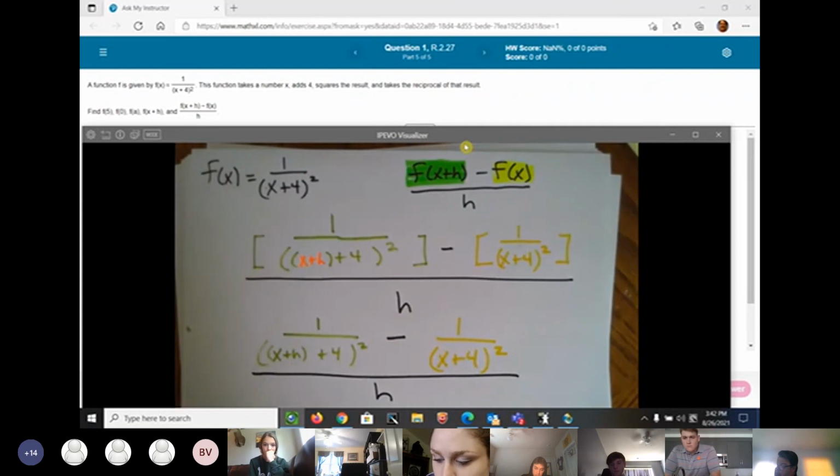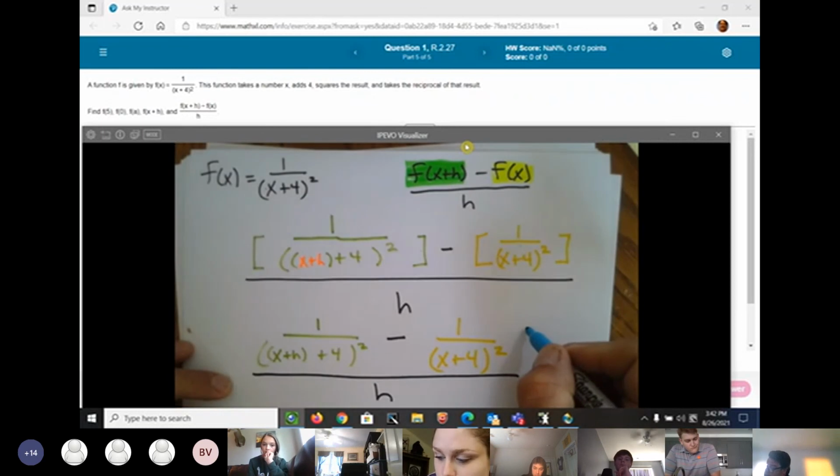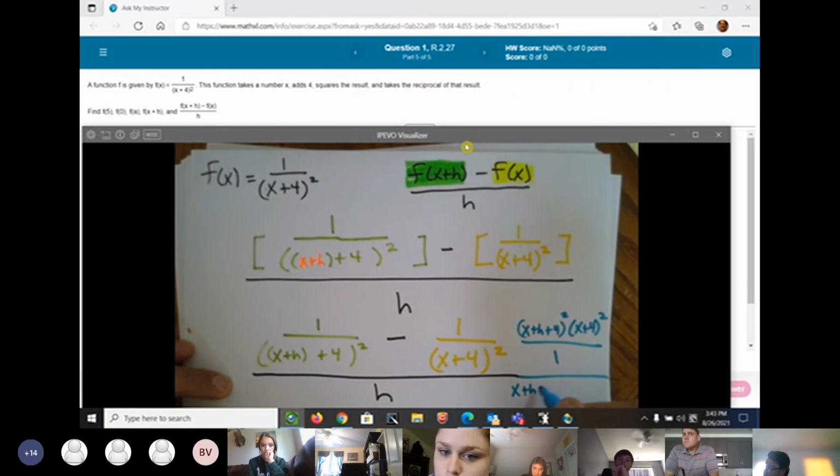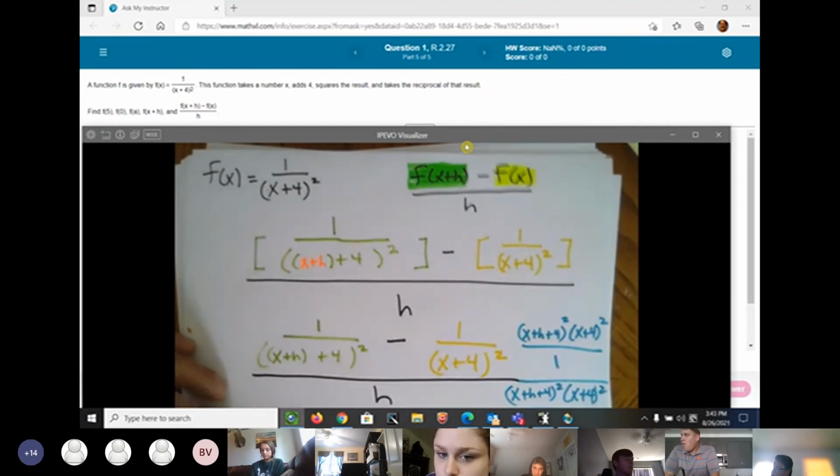There's no way they want you to solve that. That is a mess. Because you're going to have to get a common denominator of (x + h + 4) quantity squared times (x + 4) quantity squared over 1.